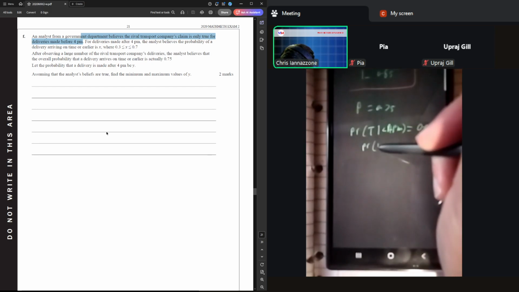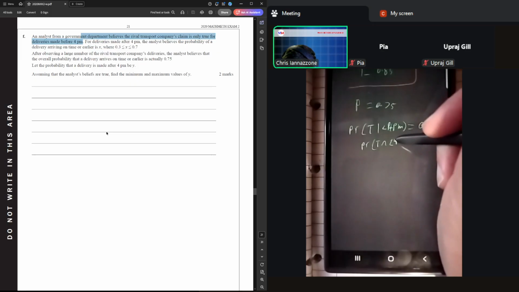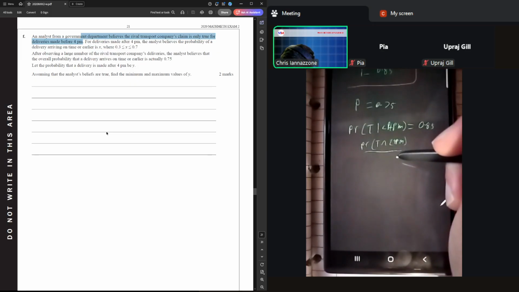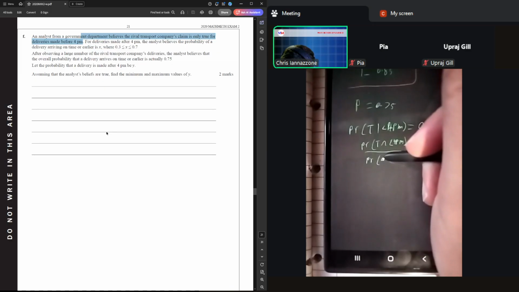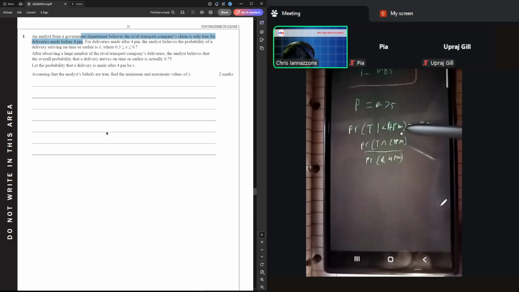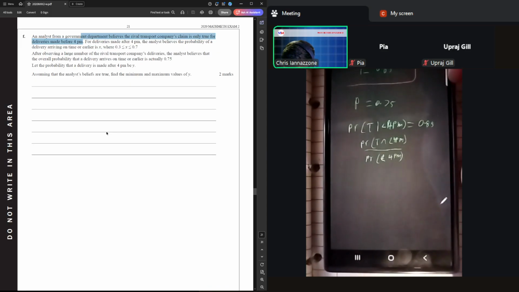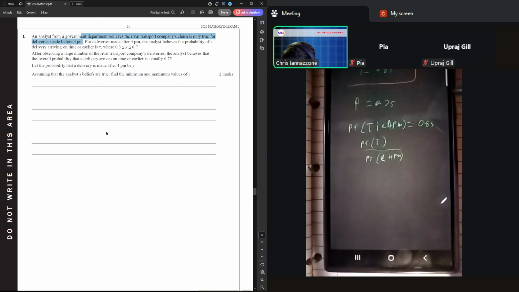So probability of on time intersecting earlier than 4 p.m. over earlier than 4 p.m. On time or earlier, and earlier than 4 p.m. just intersect to being on time or earlier, since they're both pointing in the same direction. So really it's just probability of on time divided by probability of being less than 4 p.m.